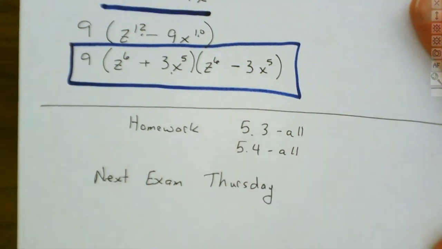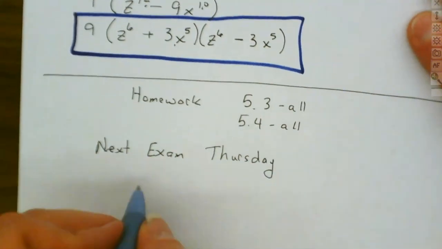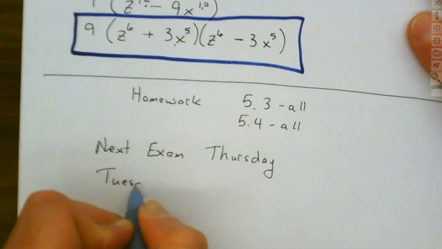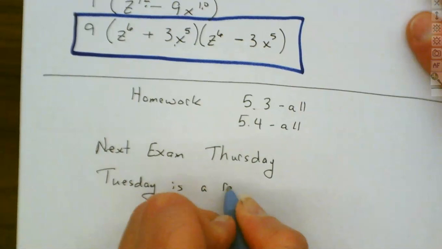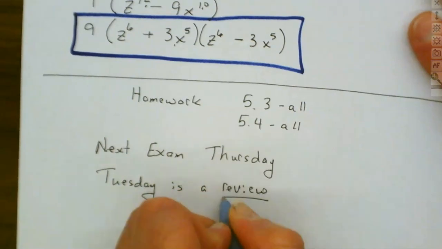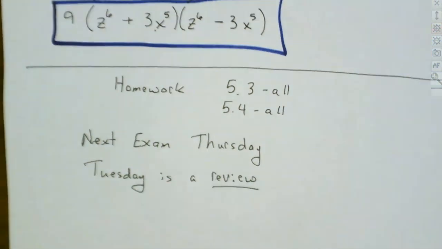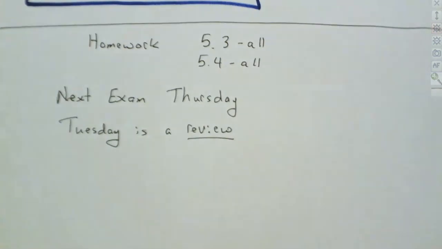So Tuesday is going to be review. Tuesday we'll come in, we'll break into groups, or if there's not enough students, we'll just do one big group, and you work together on that practice exam. Okay? And just so everyone knows, this will be our last exam before the final.